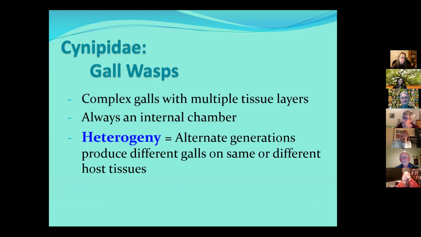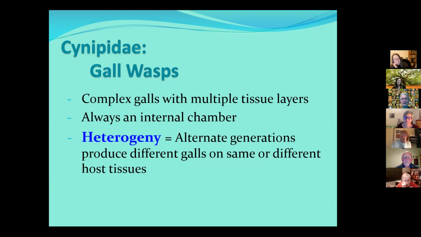All right, now we're going to look at the gall wasps. And I promised I'd tell you about this, whether you want to learn a new term or not. Okay, close your mind. If you're getting a headache, close your eyes. But heterogeny is when you have alternate generations. We have this kind of process happening in aphids, but we're not going to worry about aphids today.